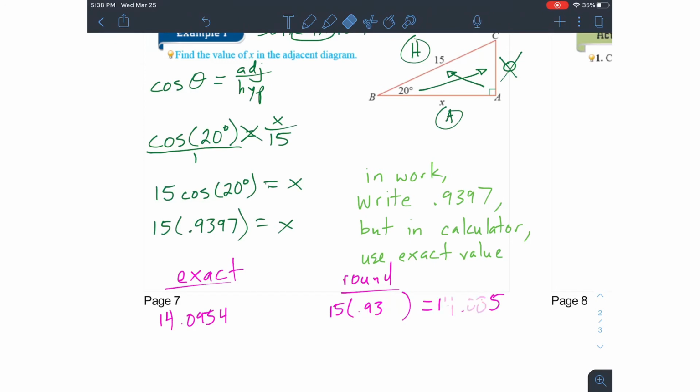You're like, you know what? I'm going to cut off another decimal place. I'm going to just say it's 0.93. 0.93 times 15, that's 13.95. These aren't even close. Well, I mean, you're going to say that's like about 0.15 off, but that's getting less and less accurate.